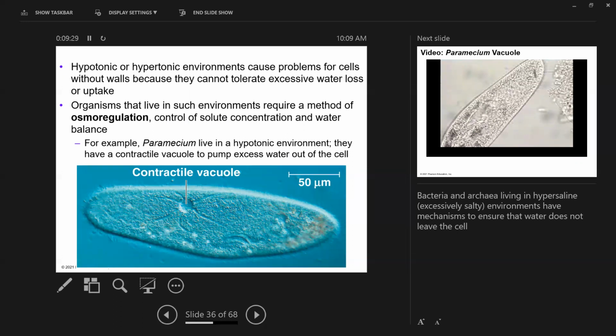So the paramecium is using energy to get water outside of the cell so that it doesn't swell and burst. That is beneficial, and the paramecium sees value in spending energy on it.